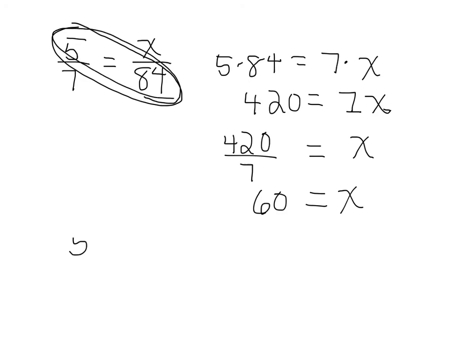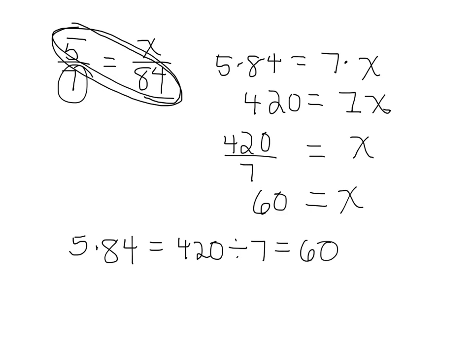So all you have to do is enter into your calculator the two things that you see. In this case, it's 5 times 84, and I do want you to use a calculator. Then you put equals, that will give you 420, and then you divide by the other number, and that is equal to 60. It's just like that. And they can be things with decimals.